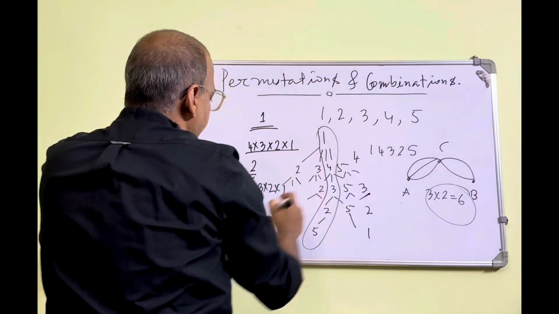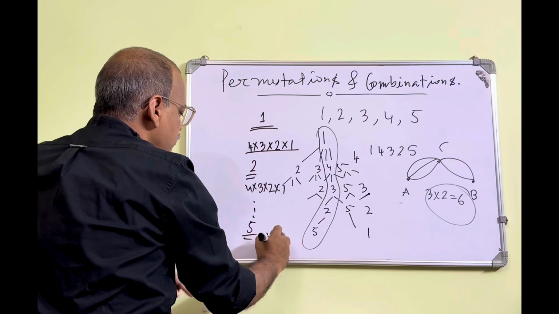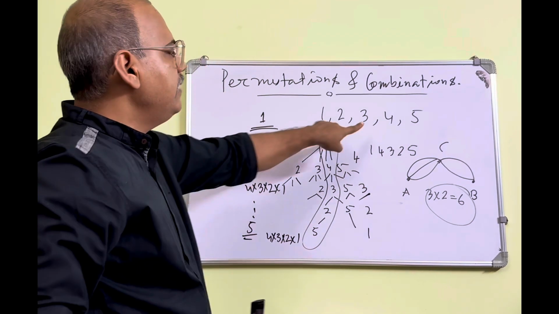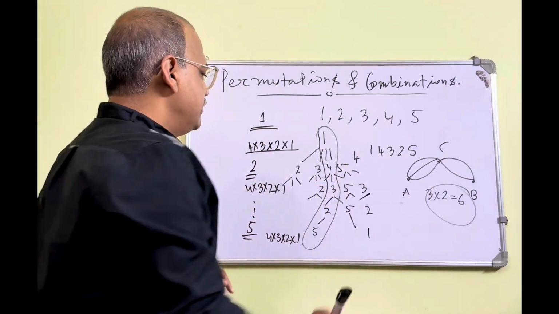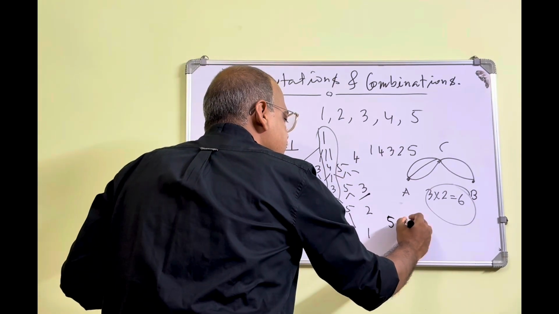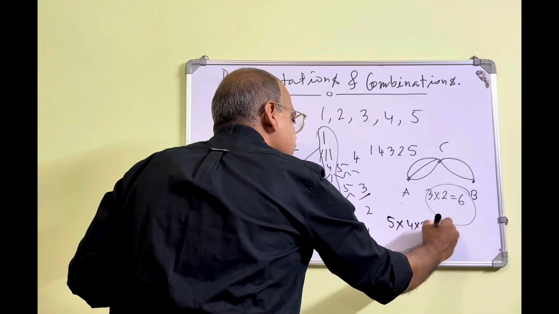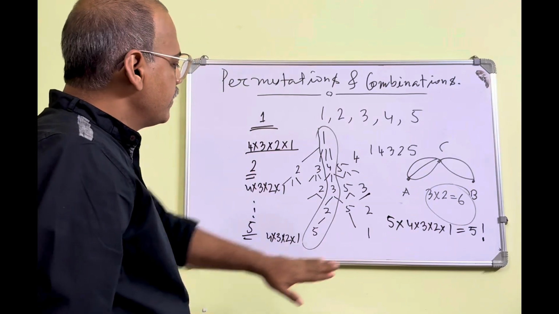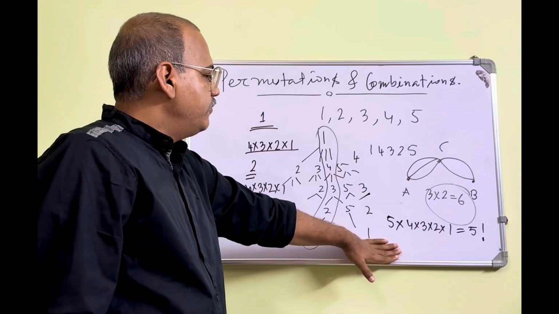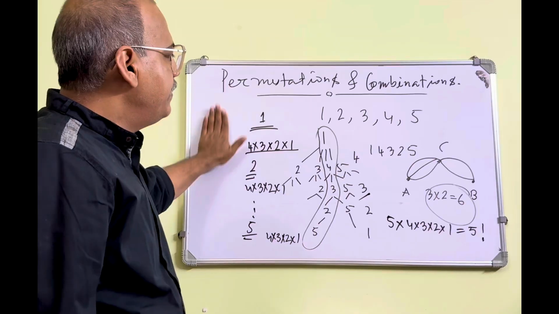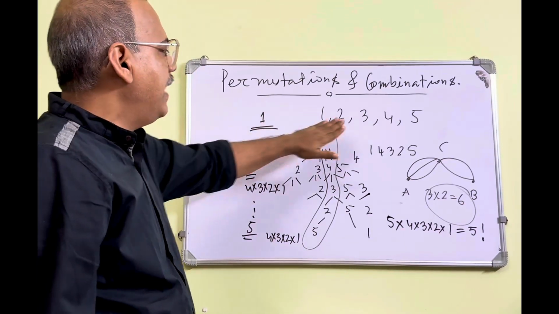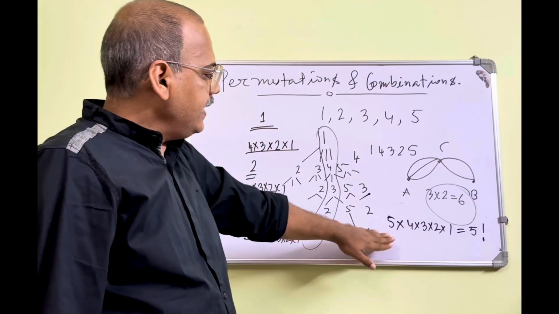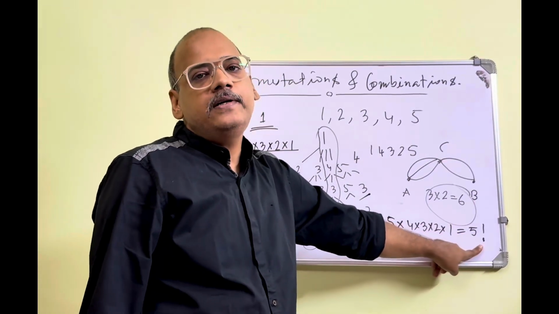And all the way till 5, it should be 4 times 3 times 2 times 1. So in total, how many five-letter words can be formed? It should be 5 times 4 times 3 times 2 times 1, which is nothing but 5 factorial. So what is the takeaway? If I've been asked to arrange 5 letters or 5 numbers, I can arrange them in 5 factorial ways.